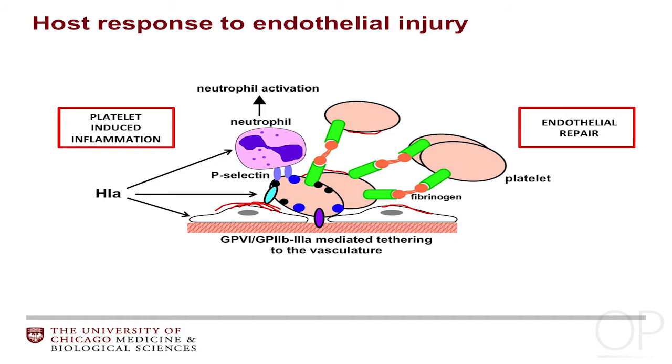But another consequence of the deposition of these activated platelets on the surface of an injured endothelium is that platelets will also form a tether with circulating neutrophils. This then leads to neutrophil activation, which is associated with platelet-induced inflammation. Together, these dual processes of endothelial repair and platelet-induced inflammation are key host physiologic responses to endothelial injury.